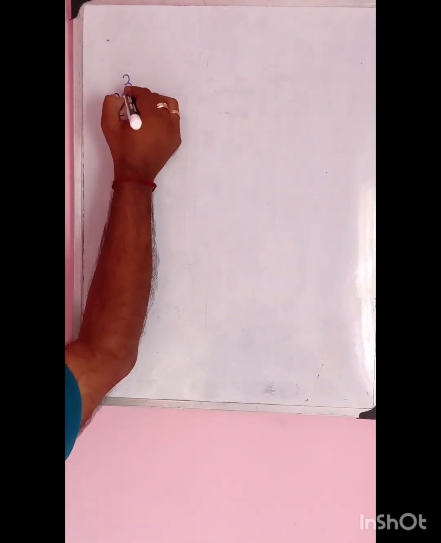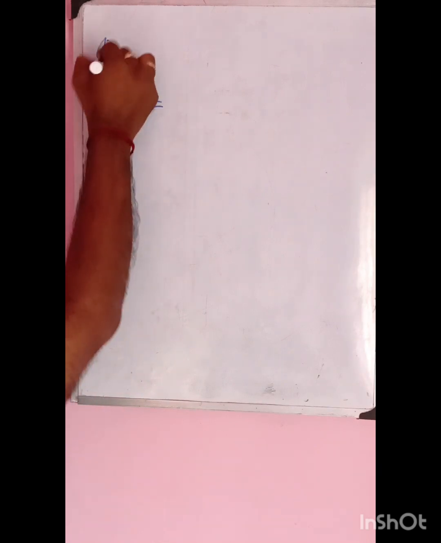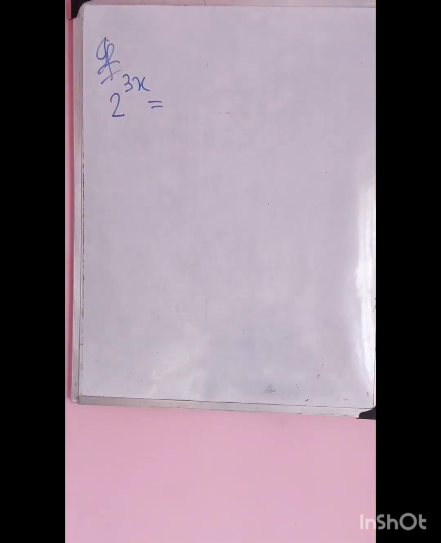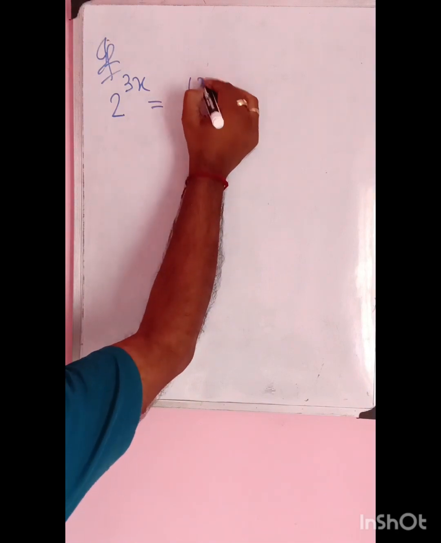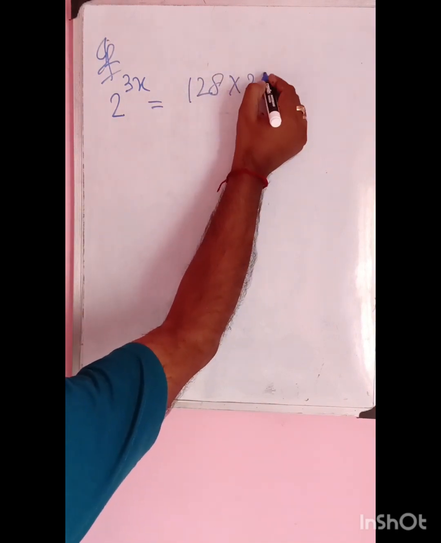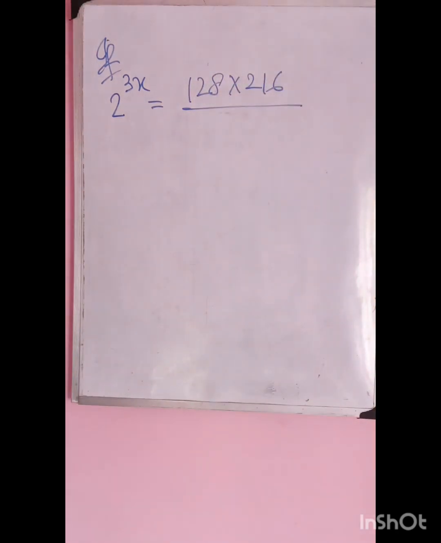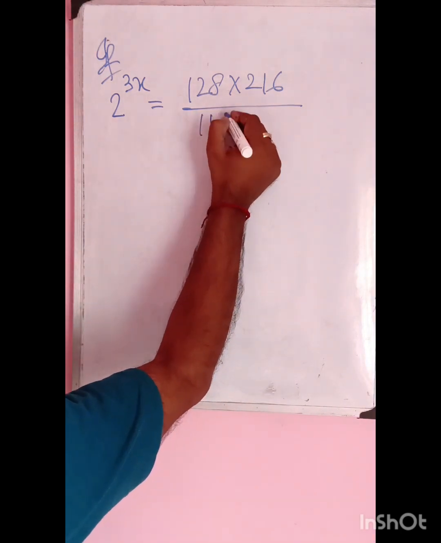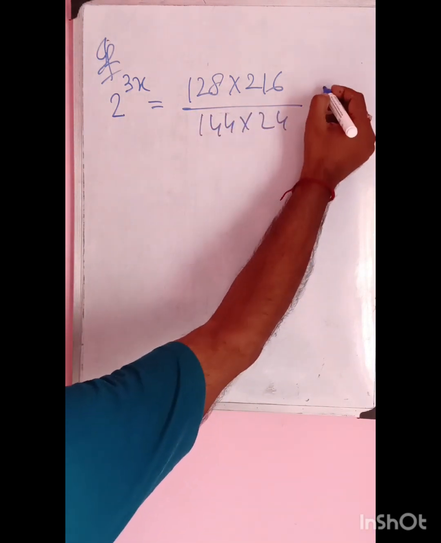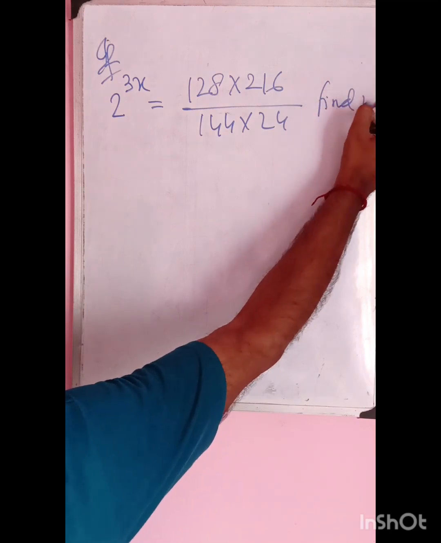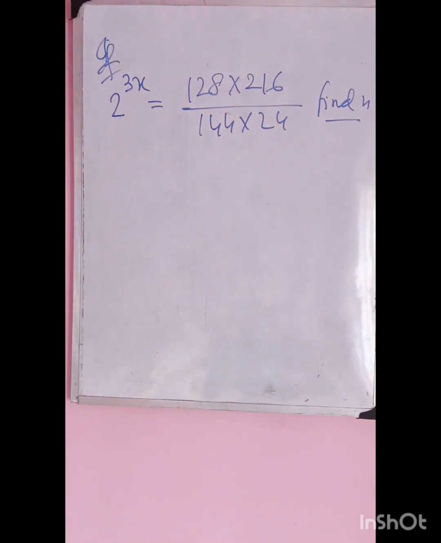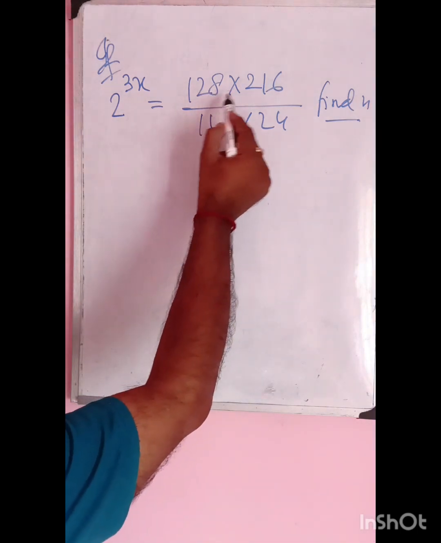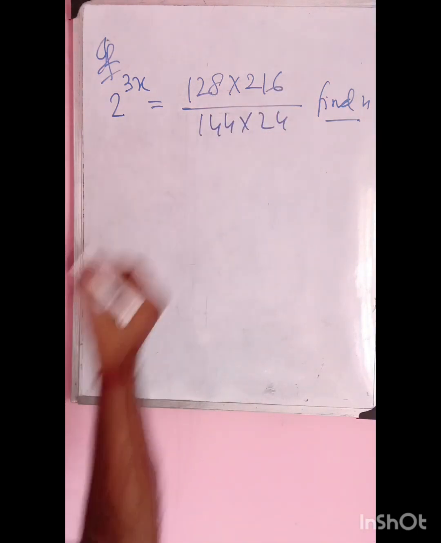If 2 to the power 3x equals to 128 into 216 by 144 into 24. Find x. You do it. 128, 216, 144, 24.